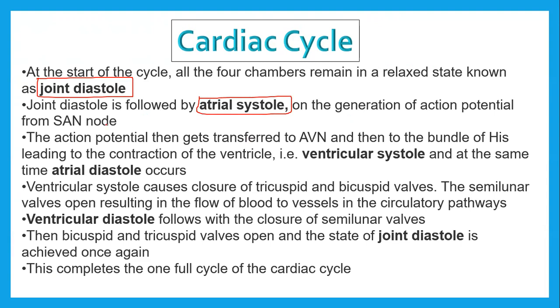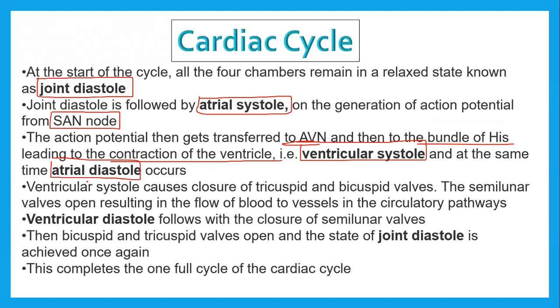Atrial systole occurs on the generation of an action potential from the SA node. The action potential transfers into the AV node and to the bundle of His, finally leading to the contraction of the ventricle, leading to ventricular systole. And at the same time, atrial diastole occurs. When ventricles contract, atria relax.